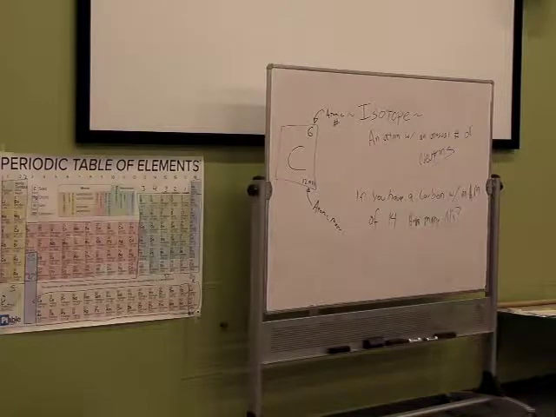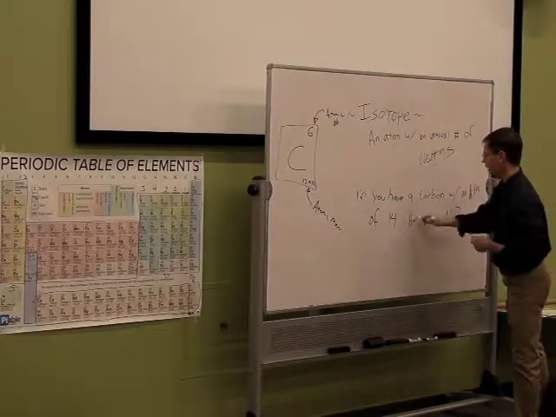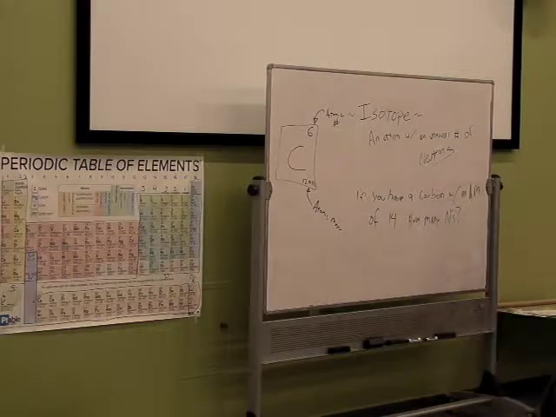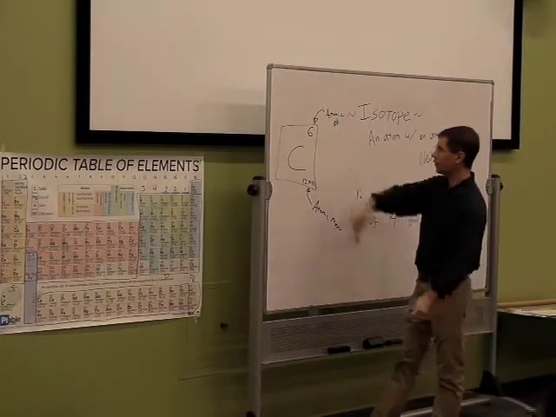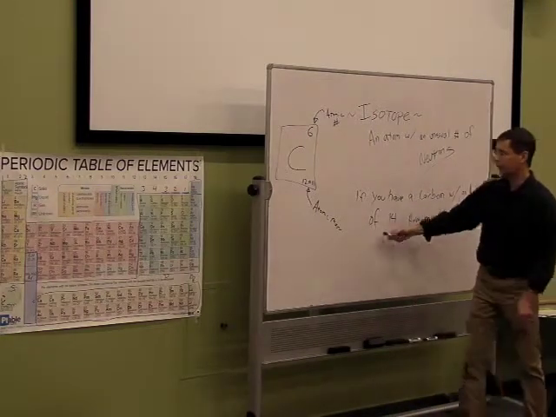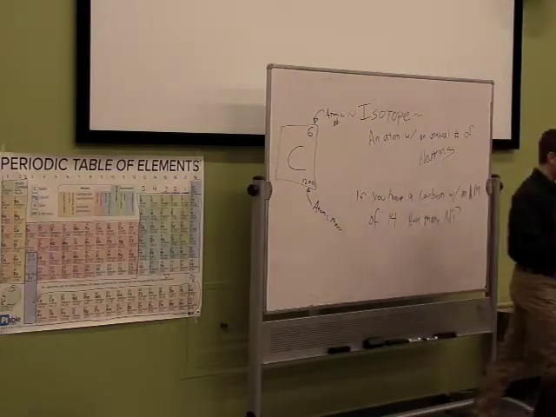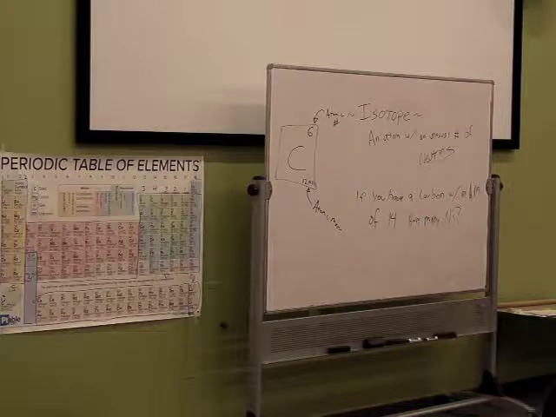Don't say it out loud. Let everybody think. If they're carbon with an atomic mass of 14, how many neutrons do they have? Simple math, anyone want to try it? Go ahead, Sean, give it a go. So if it's atomic mass of 14, I take 14 minus 6 and I get the answer 8. Is that the normal number?